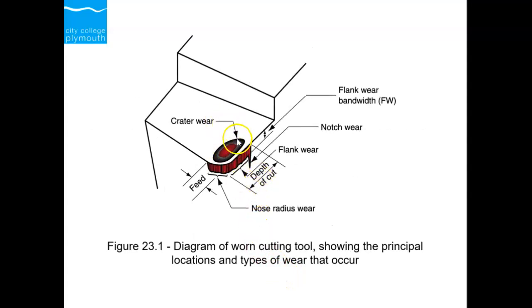The crater wear is where you will see the crater on top, and the flank wear is the one you can actually see on the side. These two, the top one and the side one, are the principal locations of the wear and tear failure. So that's what is preferred.